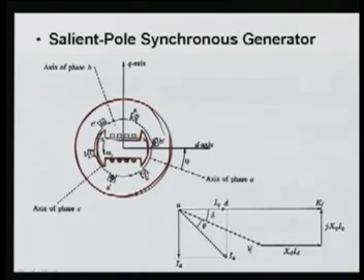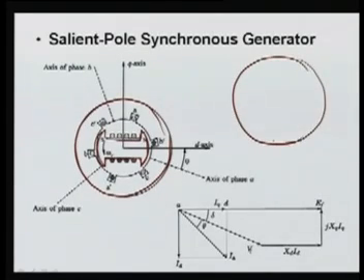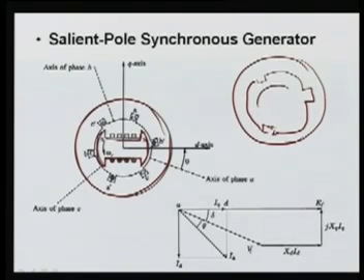In the wound rotor, what will happen? This is your stator, where we will have the windings. The windings are in the slots, and here we have the 3 windings, and the rotor here will be circular.